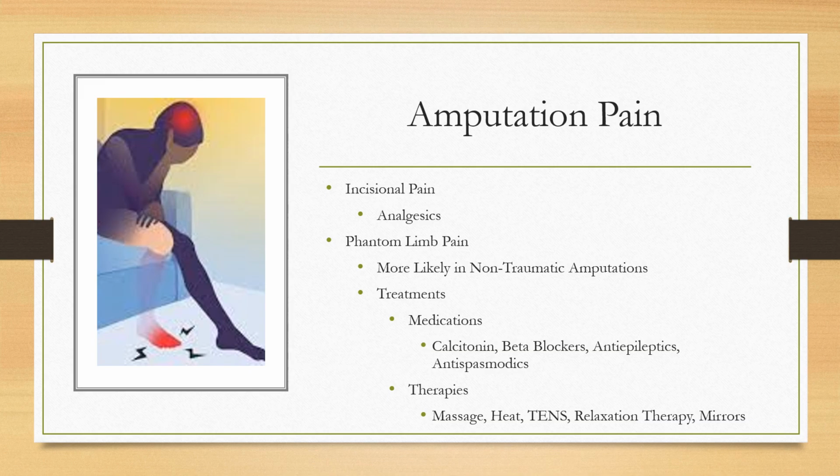We mentioned a couple of those: pregabalin and gabapentin. Antispasmodics such as baclofen, and sometimes SSRIs are used, which are antidepressants. Okay. There's also non-medication approaches, so therapies such as massage, heat, electrical stimulation, TENS, relaxation therapy. They can all be effective.